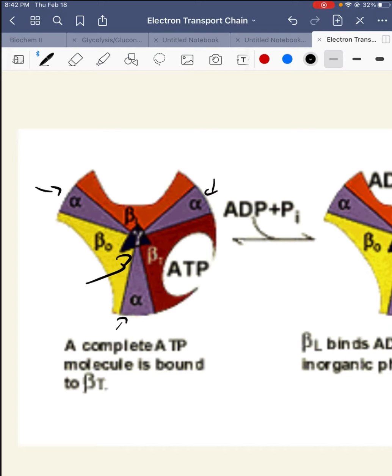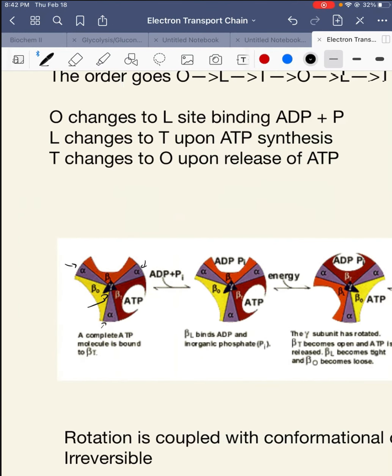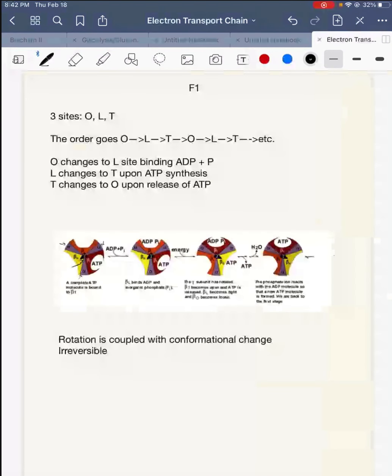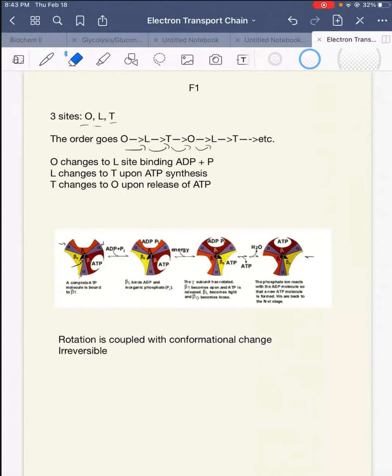The beta can exist in three different states: the O, the L, and the T. So the O state changes to L, then L changes to T, T changes to O, and then O changes to L, and it just continues like that. Whenever the O state changes to the L state, it does that when it binds ADP and Pi.